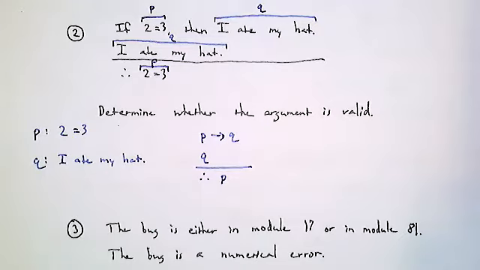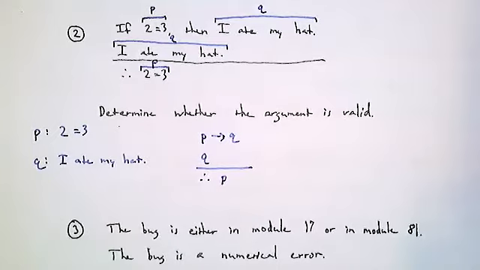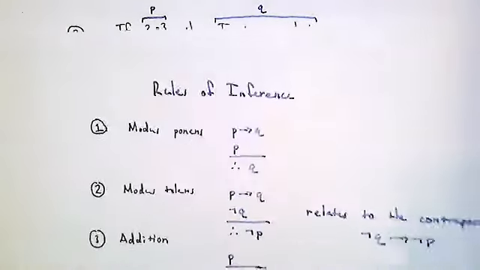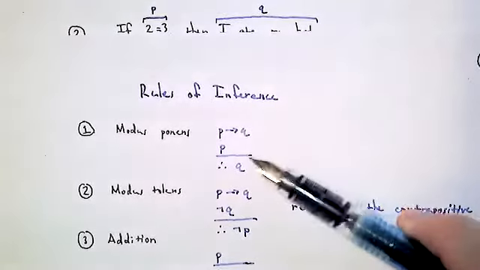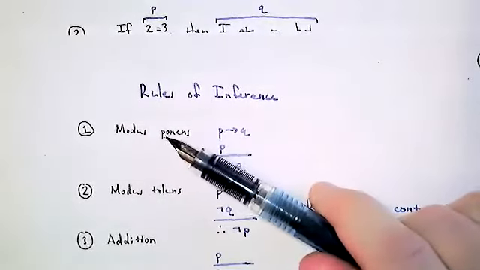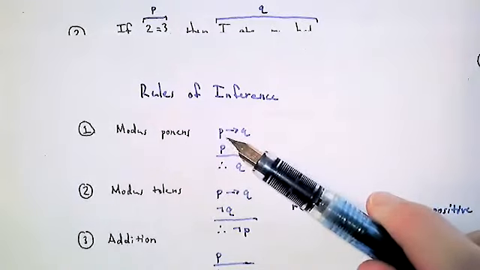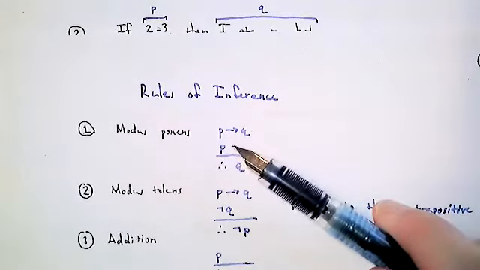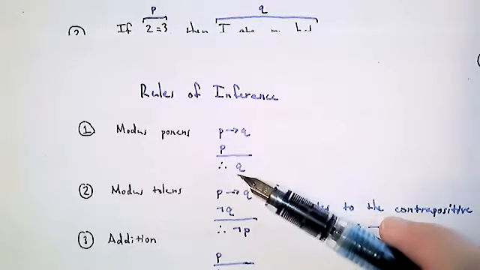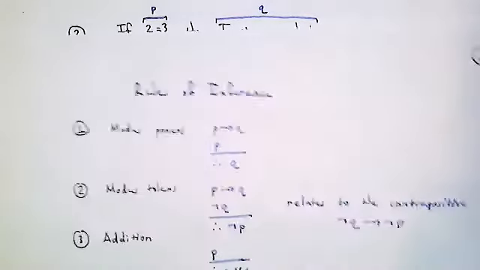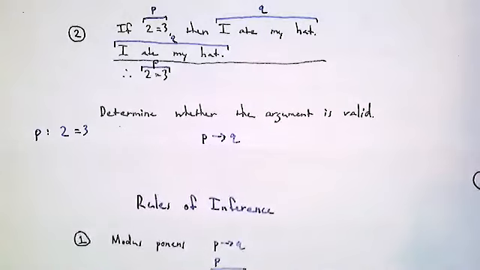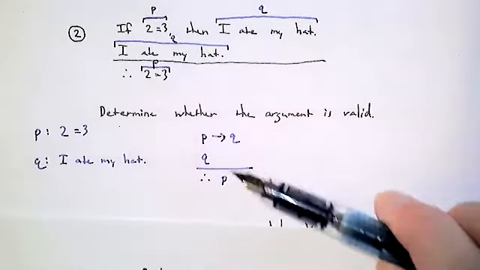Yes with a question mark. You're not sure. So it's actually not a rule of inference. It looks very similar to this one, modus ponens, that says if P then Q, P, therefore Q. But on this particular argument, P and Q have been switched.